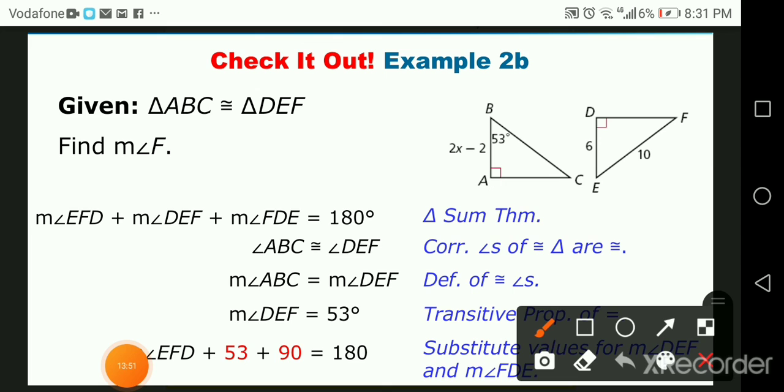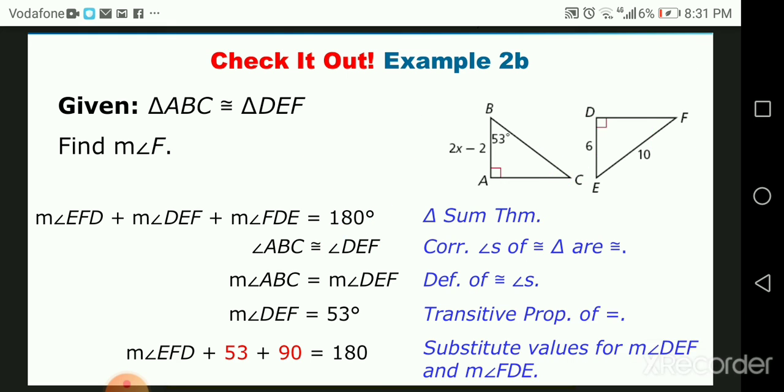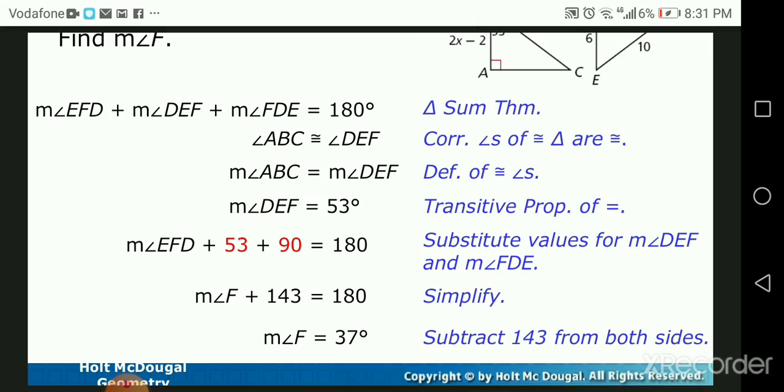Then this is 37. What about the corresponding angle? We have here C, so the corresponding is F. And he asks me for F, so F will be 37 degrees. Very, very easy, smooth, like a knife in the cake. Okay, let's complete.